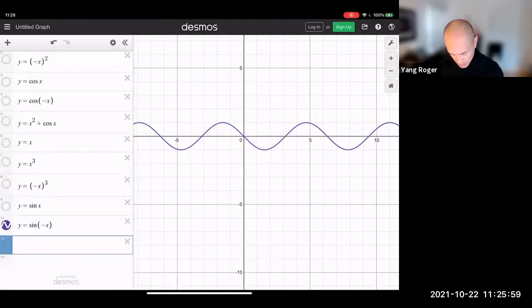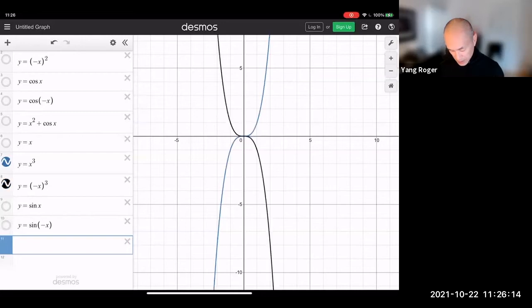So here's the original sine graph, the green one. Here's the one where I insert a negative x. Here's the original x cubed graph. Here's the one where I insert the negative x.